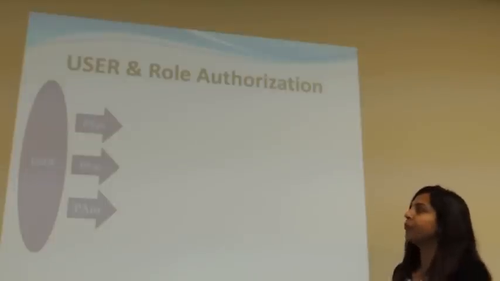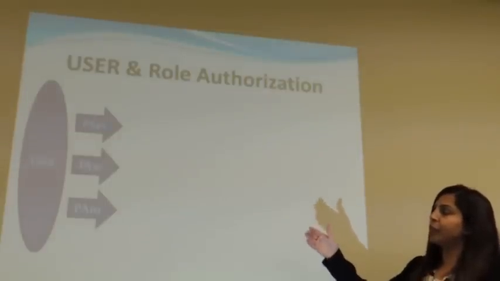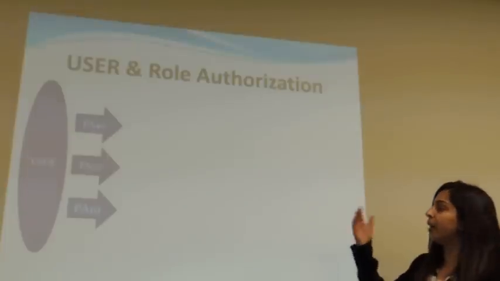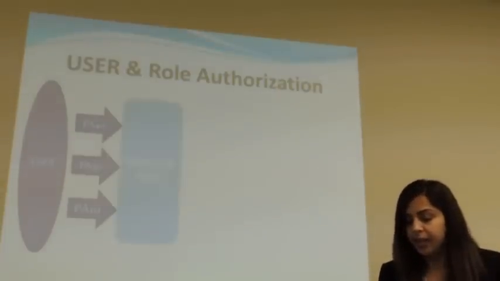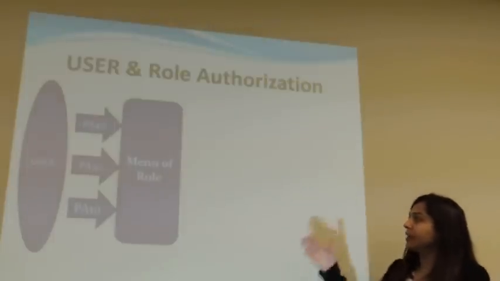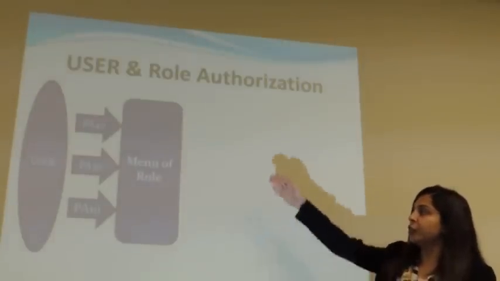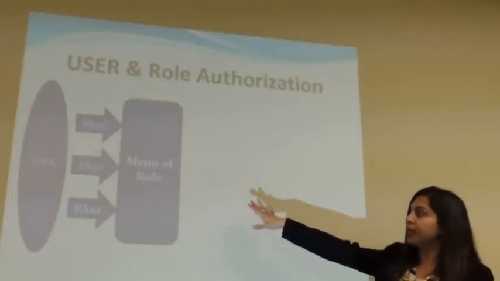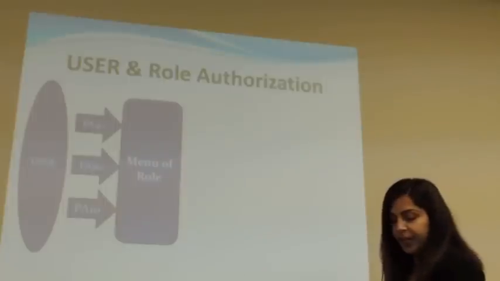He needs access to PA40 for a hiring process, PA30 for maintaining HR data, and PA10 for access to personnel files. So we assign these transaction codes to give him access in the menu of the role. This is the place where these transactions are assigned.